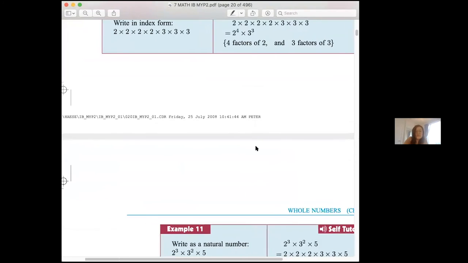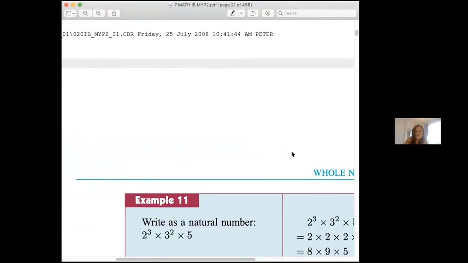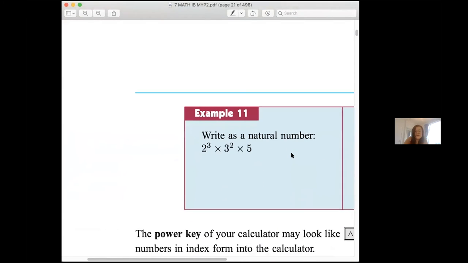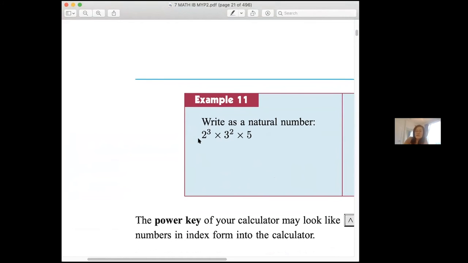Now let's move on. So example 11. Write it as an index number and find the product calculated. Okay, 30 seconds and I'll have someone give me the final answer.